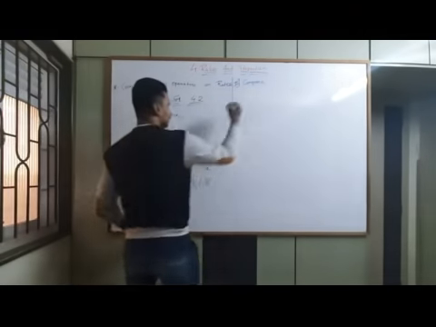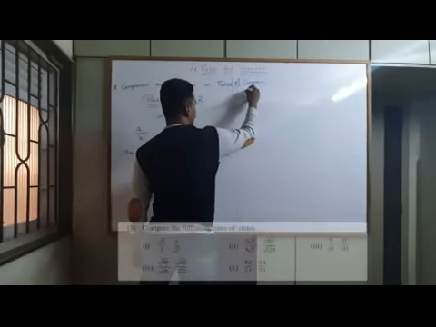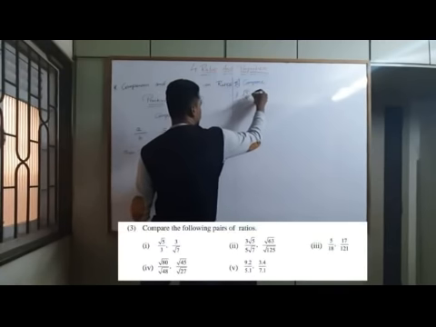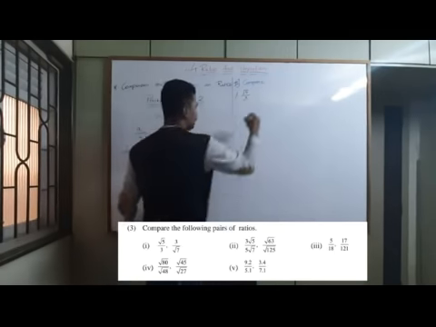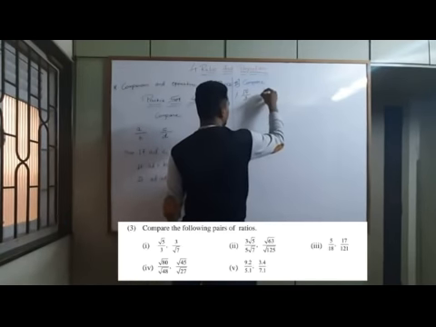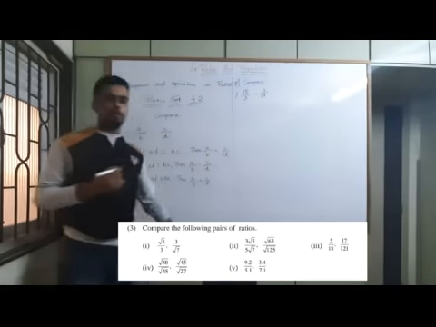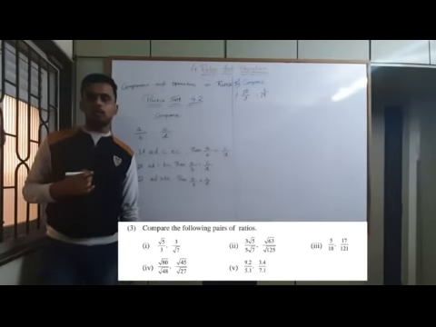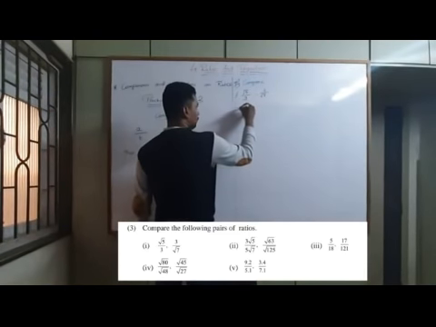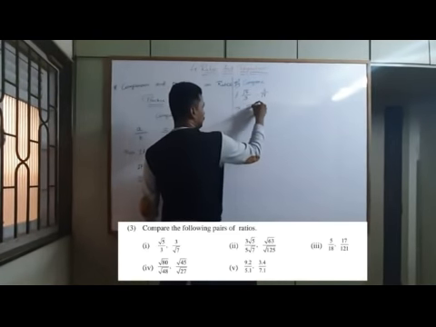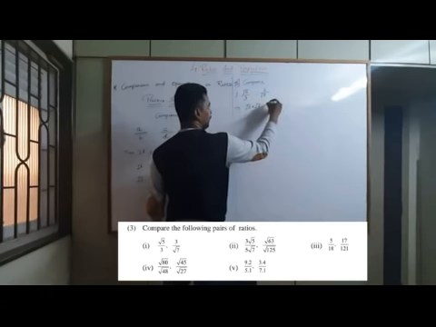First main question, sub question is root 5 upon 3, comma, 3 upon root 7. Now here we are supposed to calculate the numbers. Let us see how we can do it. Root 5 multiplied by root 7.